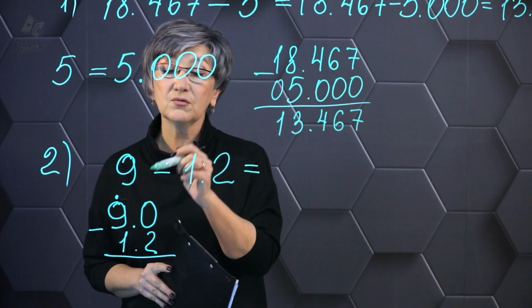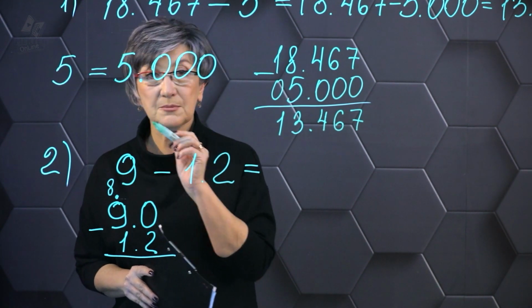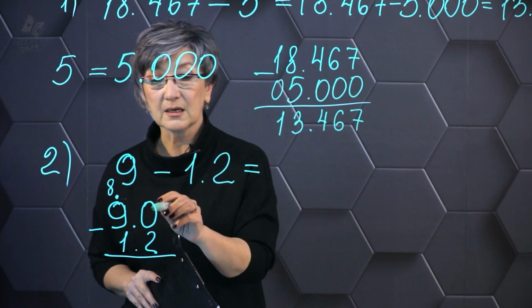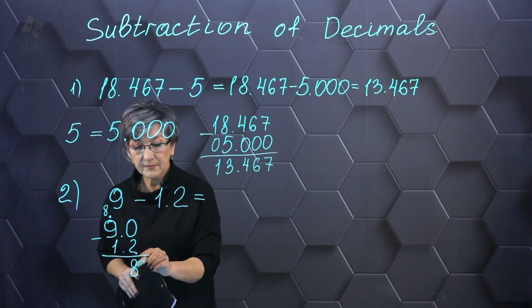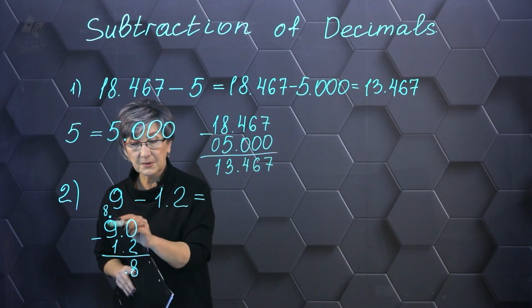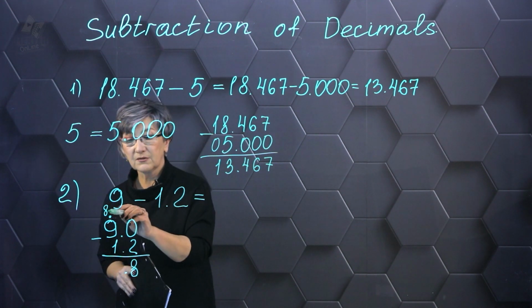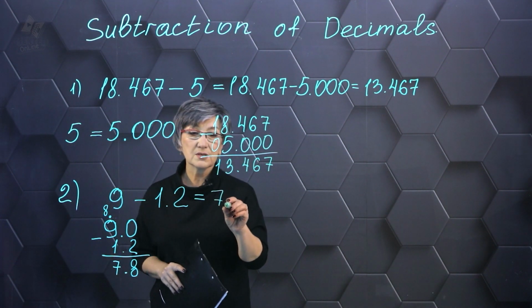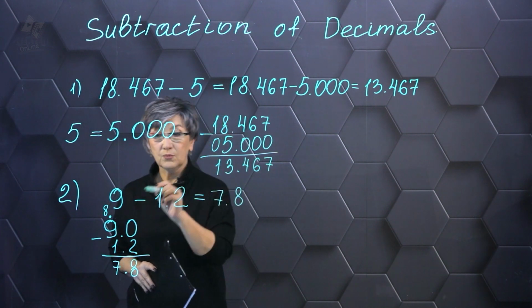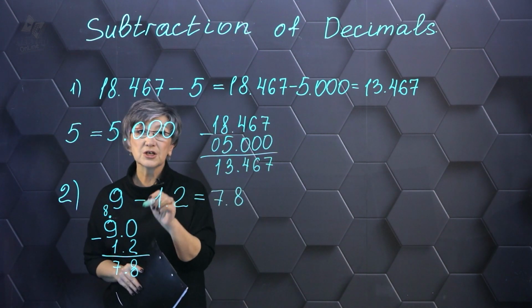I'll write it down so I don't forget. So, the difference between 10 and 2 is 8. Next, I'm working with the whole part. Take 1 away from 8, that's 7. 7.8.